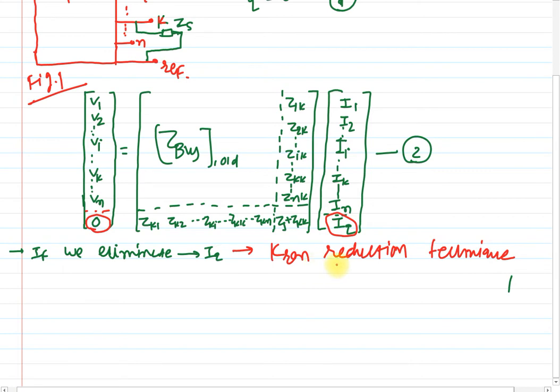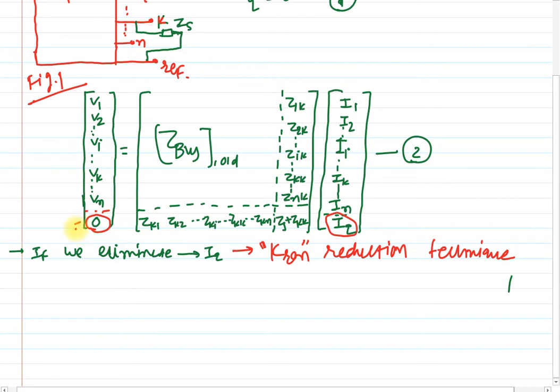I will discuss what the Kron reduction technique is, but before that, just understand why or when the Kron reduction technique is applicable to the matrix. It is possible only because of this 0 in the column matrix of voltage.